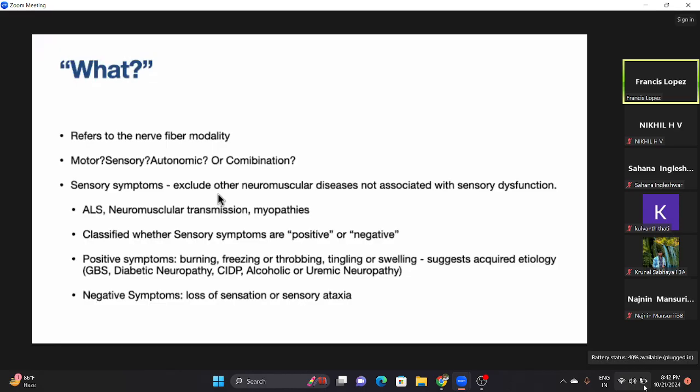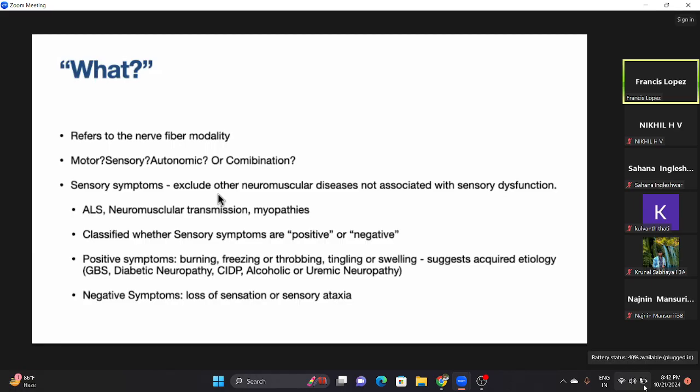We also need to classify whether the sensory symptoms are positive or negative, di ba? We have discussed the positive and negative symptoms a while back. Positive symptoms may be that of a burning, freezing, or throbbing sensation, even a tingling or swelling sensation. These positive symptoms will suggest an acquired etiology, just like GBS, diabetic neuropathy, CIDP, alcoholic, or uremic neuropathies.